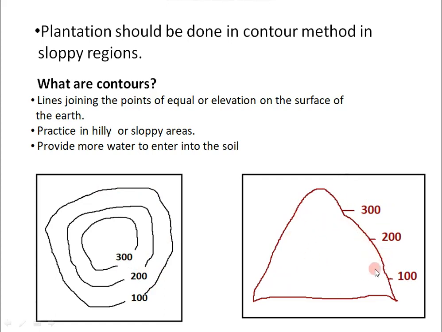On the slope of the mountain we can make these contour lines, in a circular pattern, and have the plantation. This is especially practiced in hilly or sloping areas, and it allows more water to enter into the soil. So the soil absorbs more water due to this pattern.